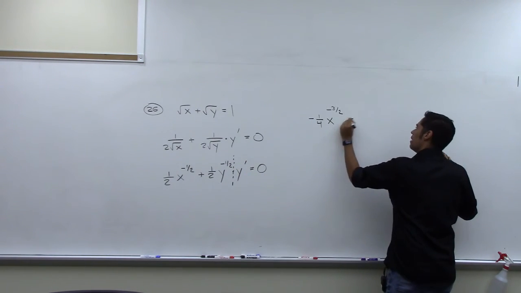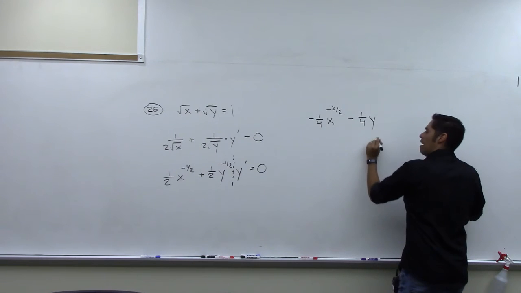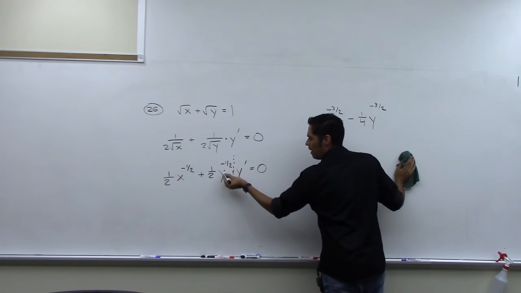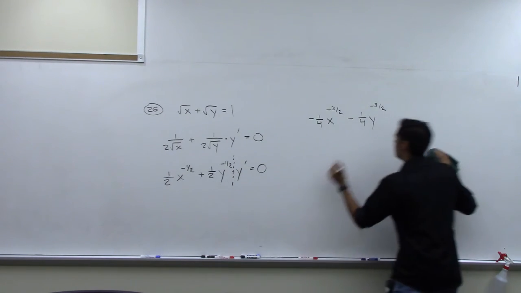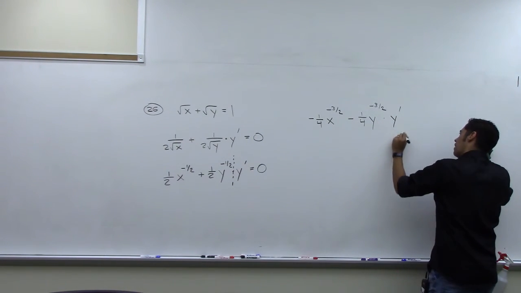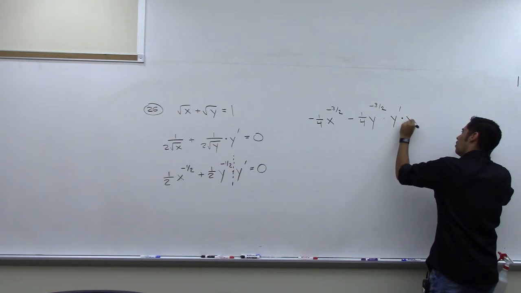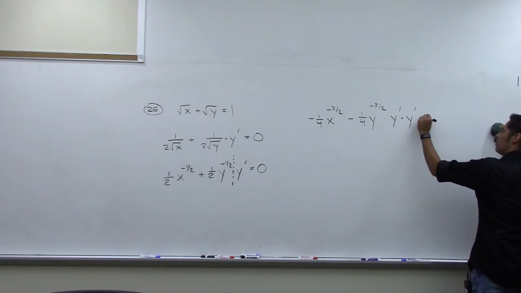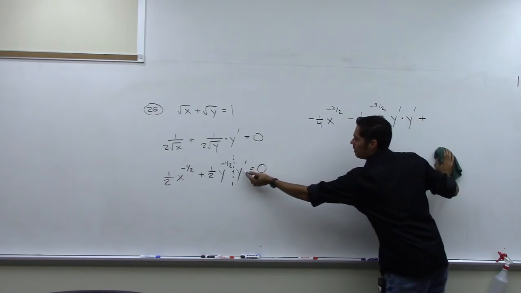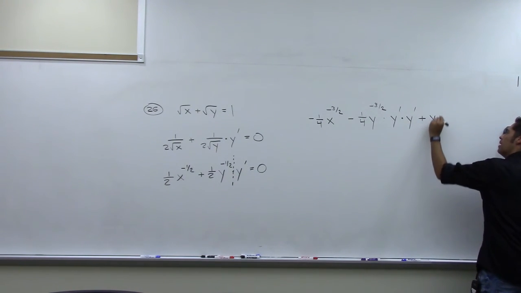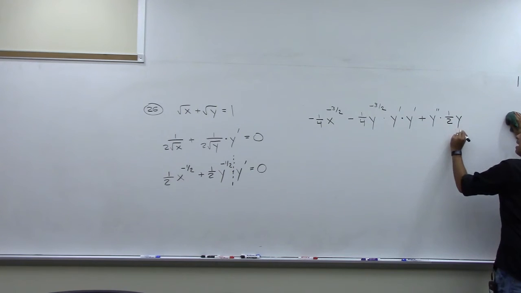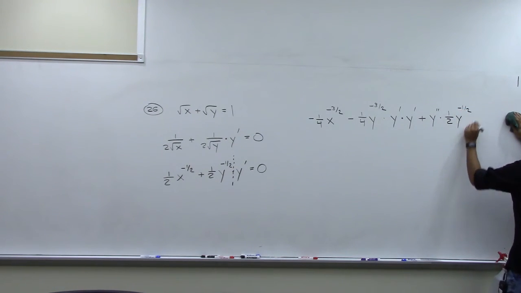That's going to be minus 1/4 y to the negative 3/2. But you have to take derivative of what's down here too, because it's chain rule. Derivative of that is y prime, and then times the second one, y prime again. Then finishing product rule, plus the derivative of the second one, derivative of y prime is y double prime, and then times the first one, which was 1/2 y to the negative 1/2. And that must equal 0.